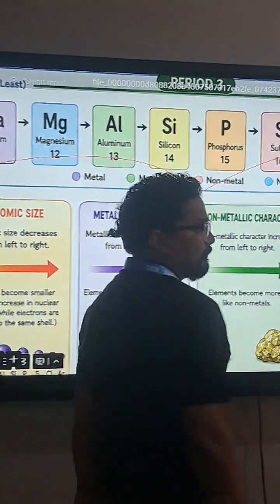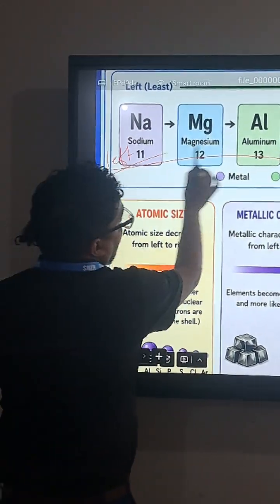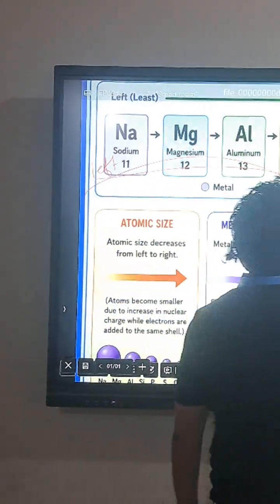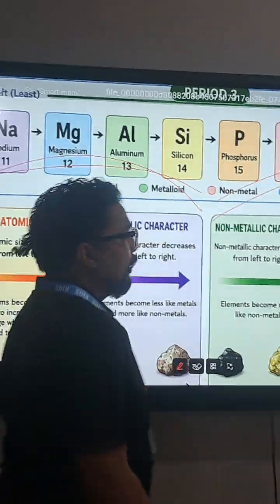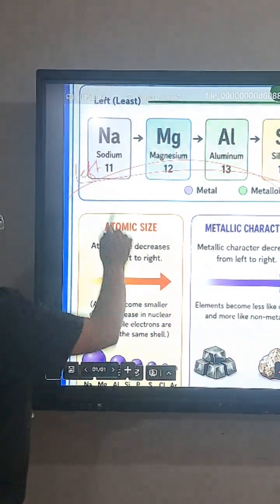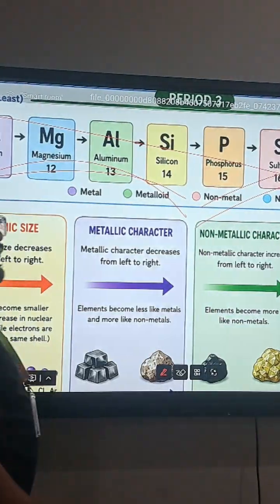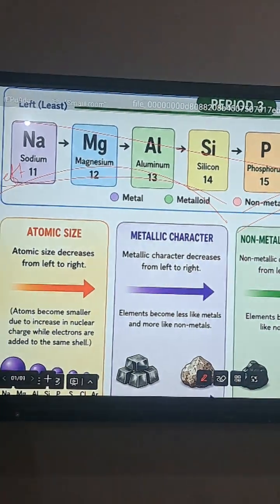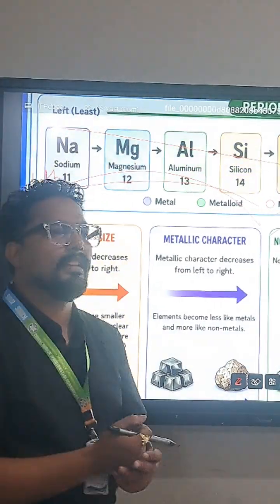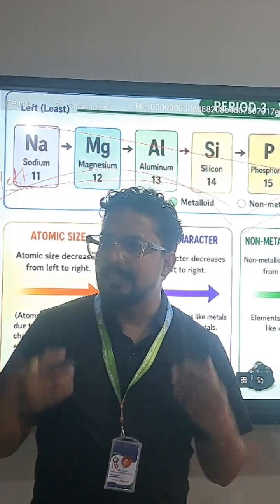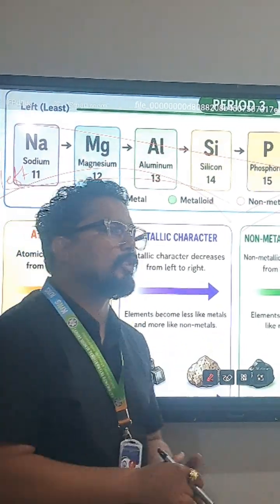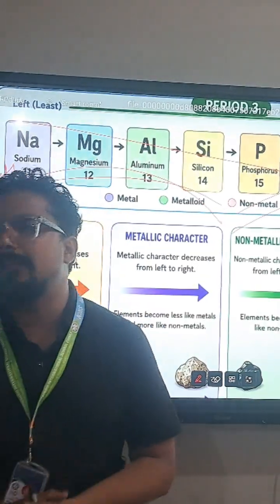First decreases. Here, what happened to the atomic size? Atomic size decreases. What about the number of shells? Remains the same. What about the number of electrons? What about the number of protons?